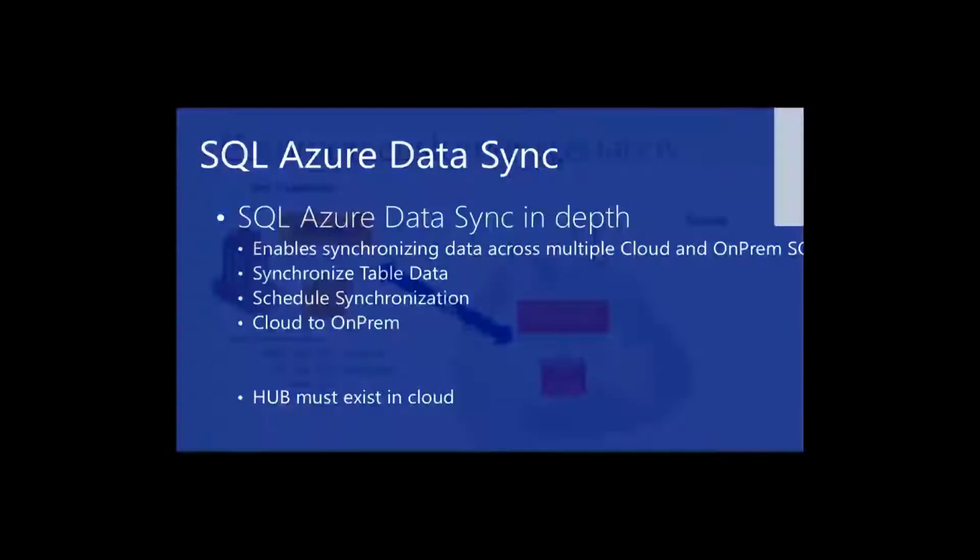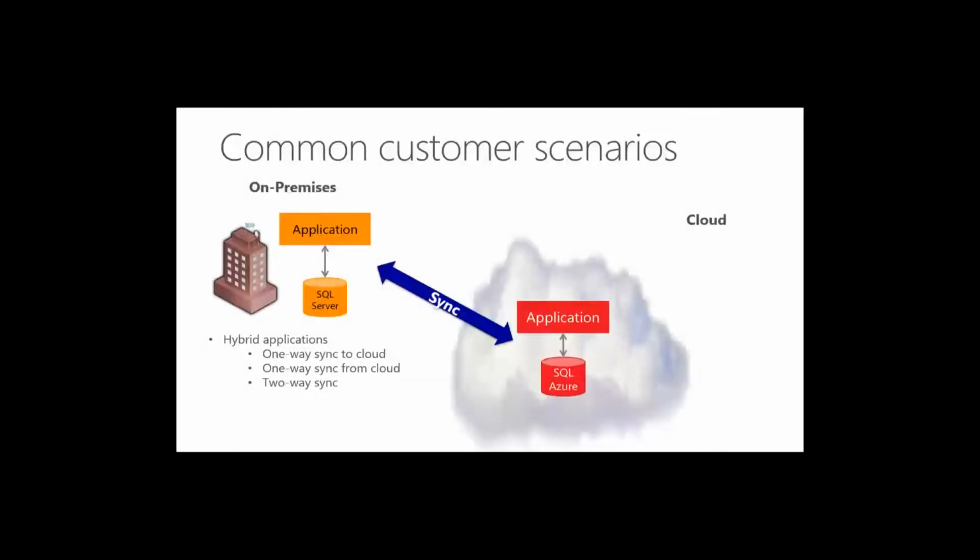Okay? So here are some common customer scenarios. So you might have an on-premises database, and you may want to have the application in the cloud. So what you can do is synchronize your data from your on-premises to the hub or to some database in the cloud. It will go to the hub, and if you wanted to spread it out to other ones, you can definitely synchronize it out to others.